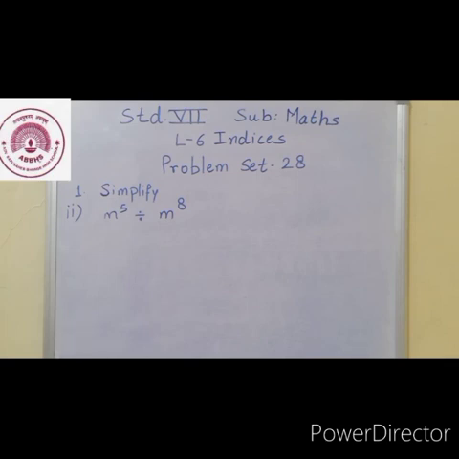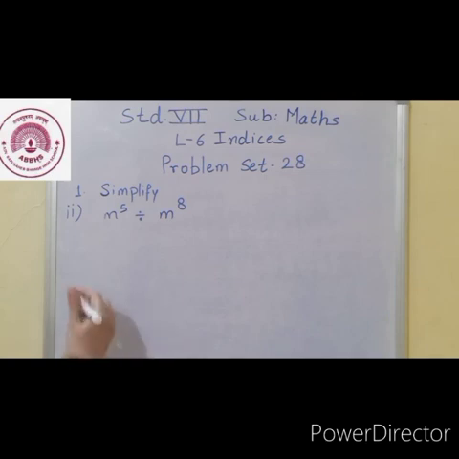So according to the rule, if a is a rational number where a is base, m, n are integers, then a raised to the power m divided by a raised to the power n becomes a raised to the power m minus n.